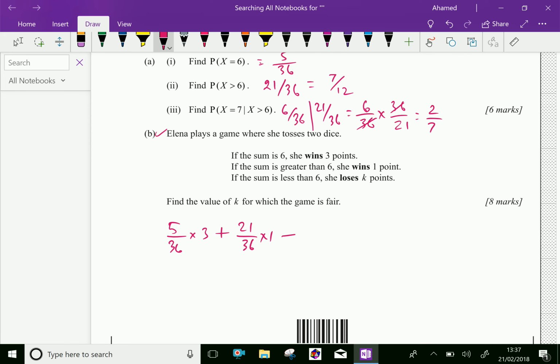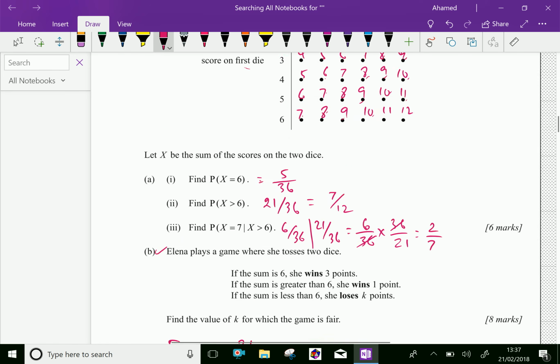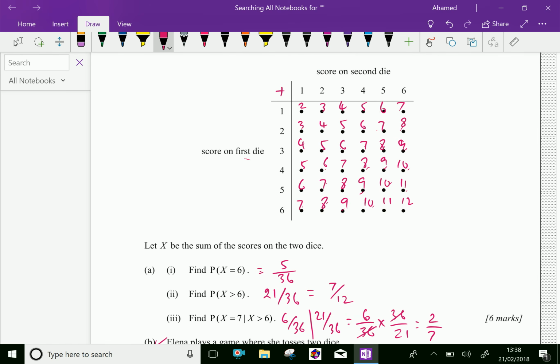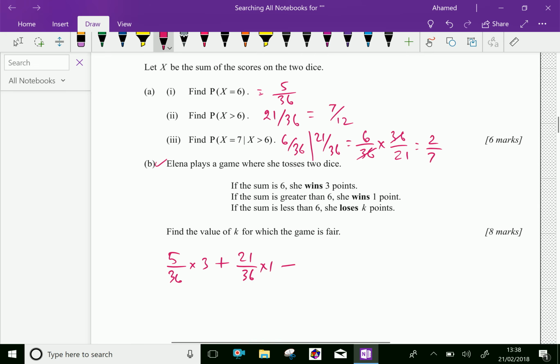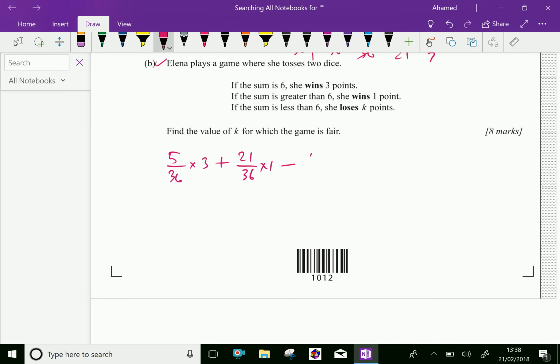Minus because she loses: less than 6, there are 10 numbers less than 6 here. 1, 2, 3, 4, 5, 6, 7, 8, 9, 10, that is 10 over 36, she loses k points, and the total equals 0.